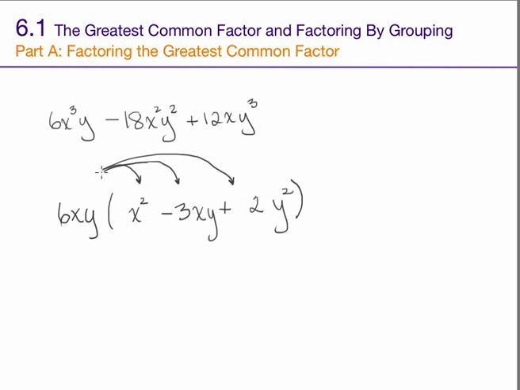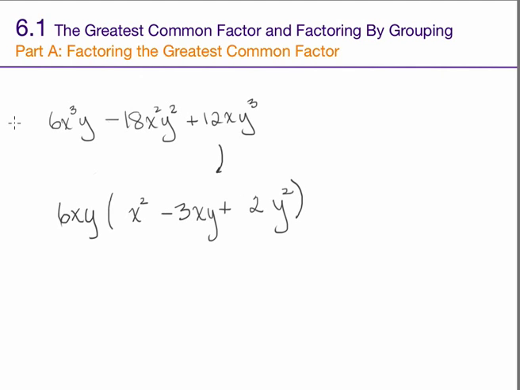And now, this looks just like some problems we've done in the past, only backwards. In the past, I've asked you to take this expression and use distribution to get this expression. Today, we're taking this expression and we're using distribution, but we're undoing it to get this expression.